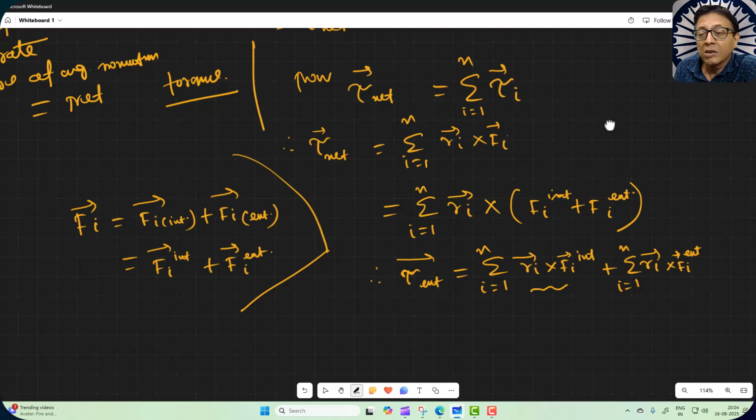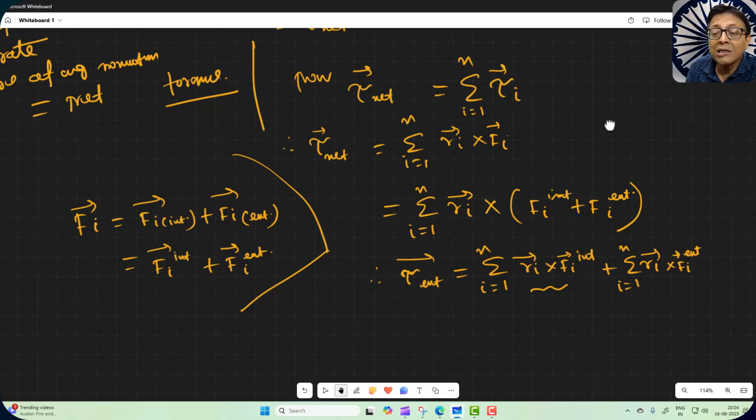Because of M1 on M2, the force F12 and F21 are equal and opposite, they get cancelled.